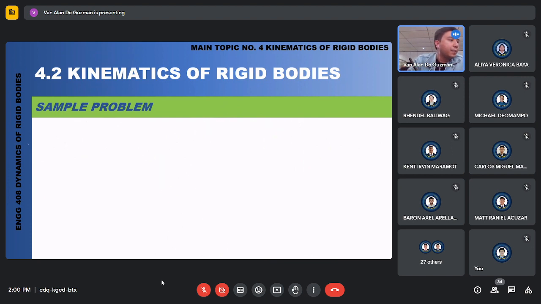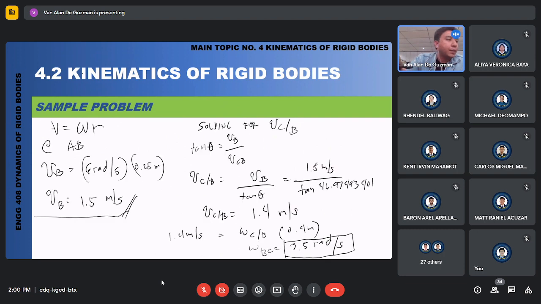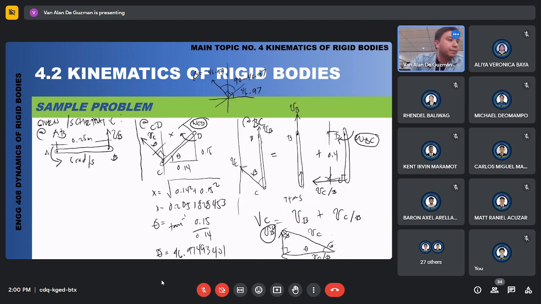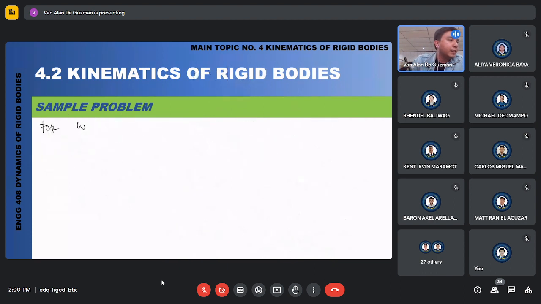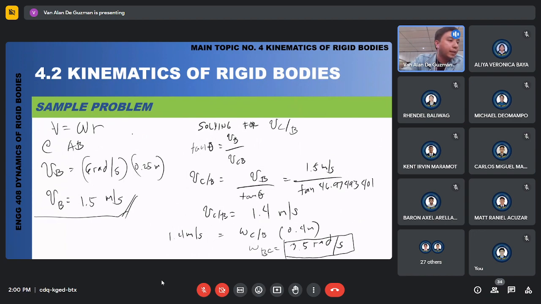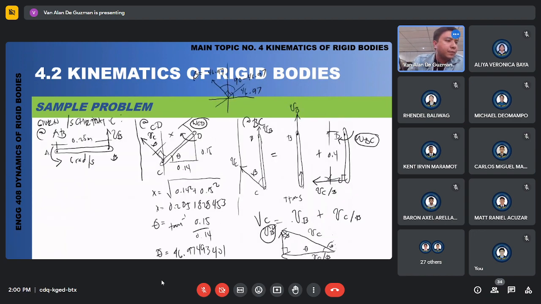Susunod natin for W yung ating CD. Right? CD. So, paano natin makukuha yan? From the same triangle. So, ang hahanapin natin this time is V sub C. Meron tayong value nitong ating V sub B. Meron tayong theta.